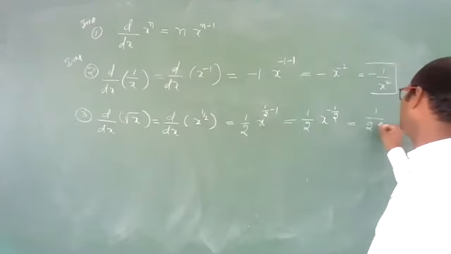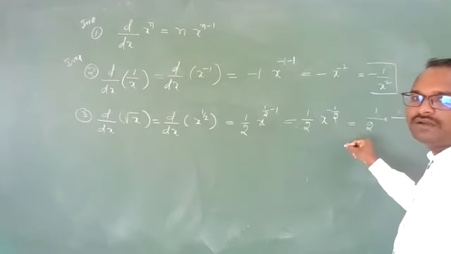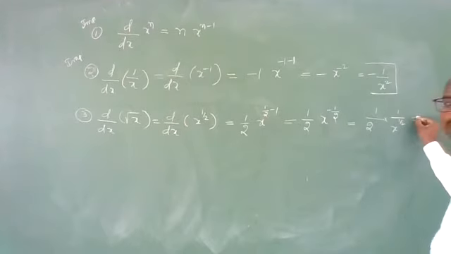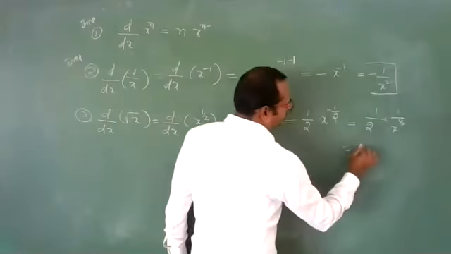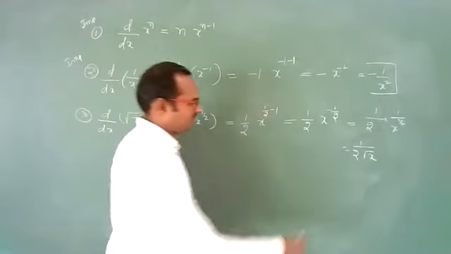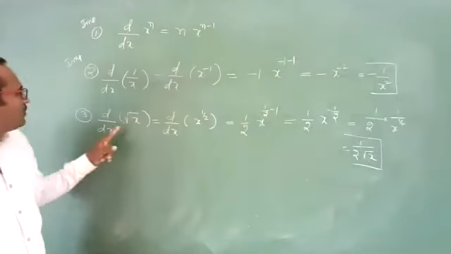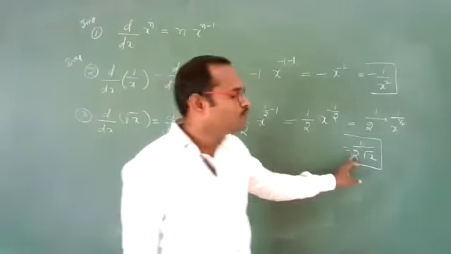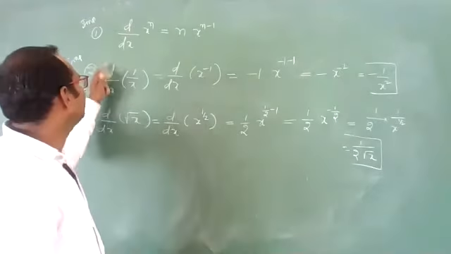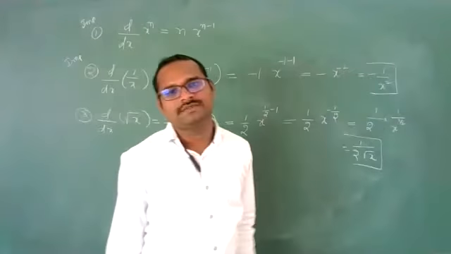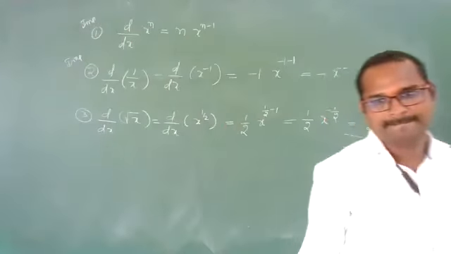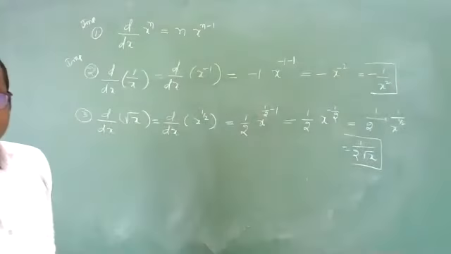Sending it down, it becomes plus 1 by 2, so 1 by 2 times 1 by x power 1 by 2, which is root x. Differentiation of root x is 1 by 2 root x. Remember this, it will save your time. Differentiation of 1 by x is minus 1 by x square. Differentiation of x power n is n into x power n minus 1. Any doubt in this, students?